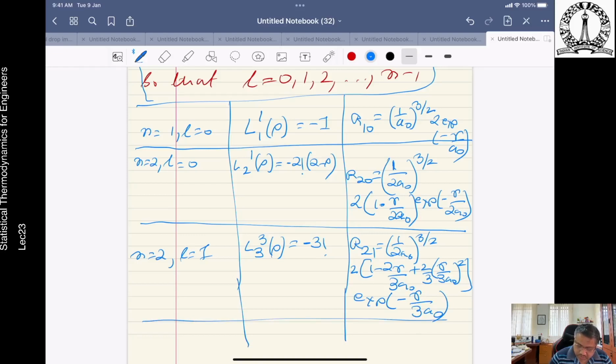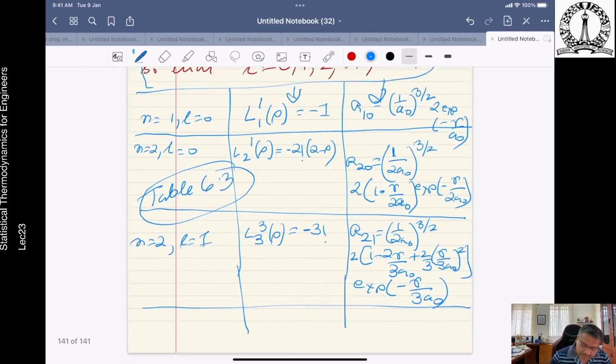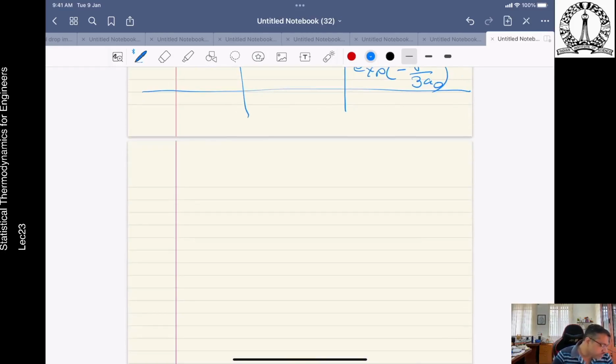And so on and so forth. You can compile all these numbers. It is also given in the book, which is table 6.3. What we have done is compile the Laguerre polynomial and the corresponding radial function in this way. These are the first few radial functions, and you can compile a lot more.